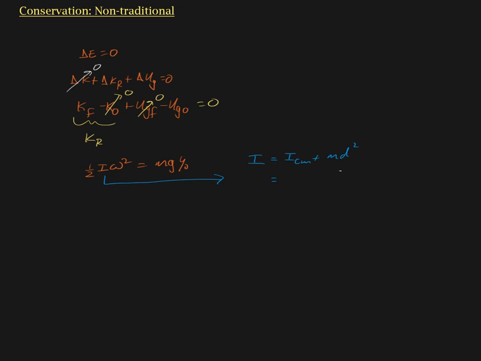Now remember that this particular term of the parallel axis theorem basically is accounting for translational kinetic energy, and that's so easy to miss. I missed it for years personally.